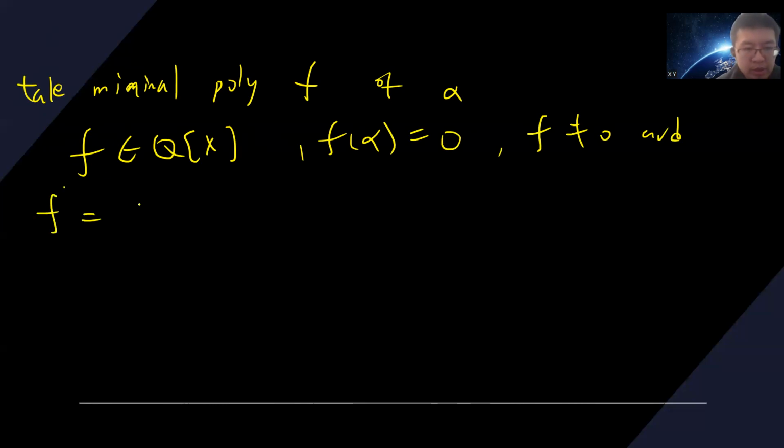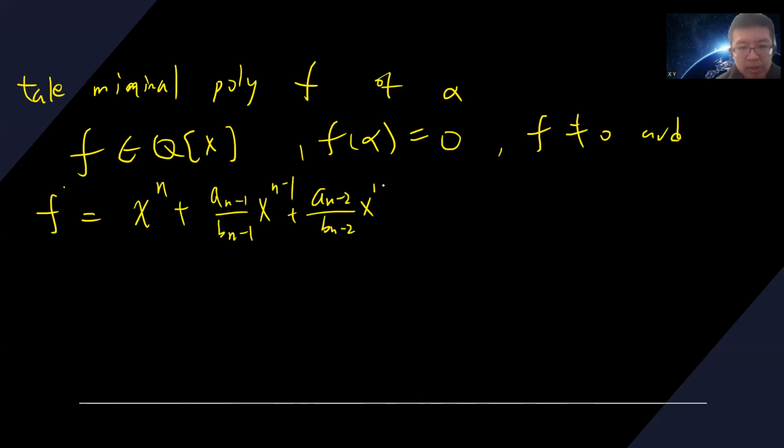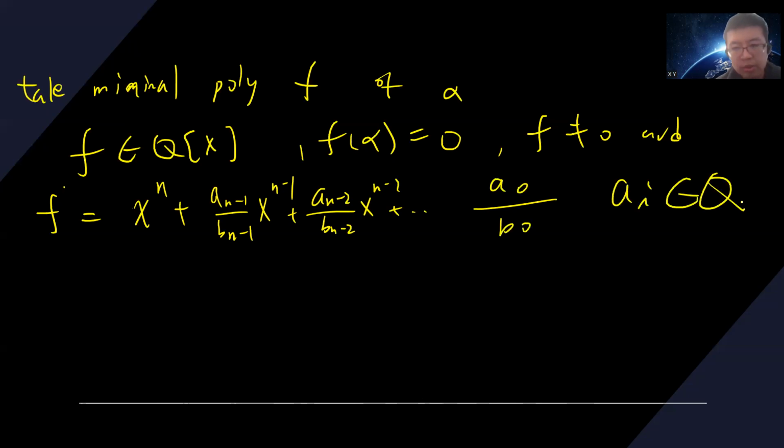So I can write f as x to the n plus a_{n-1}/b_{n-1} x^{n-1} plus a_{n-2}/b_{n-2} x^{n-2} and so on, down to a_0/b_0, and all the coefficients belong to Q. What I want is to create a D. D may be very large, but this is fine. So I take D to be the LCM of b_{n-1}, b_{n-2}, down to b_0.